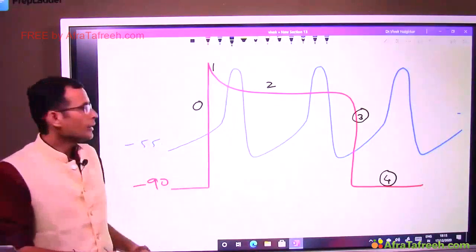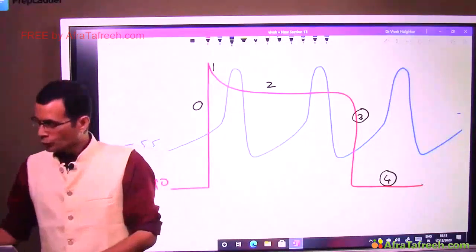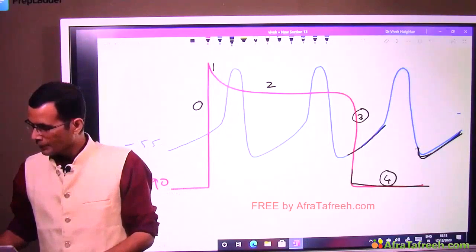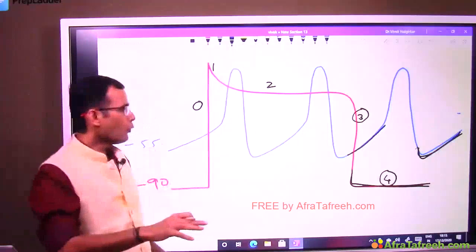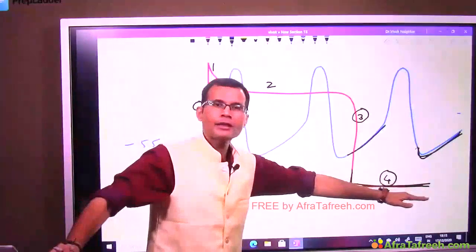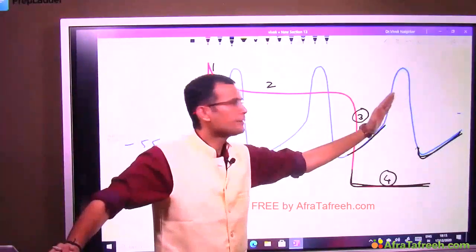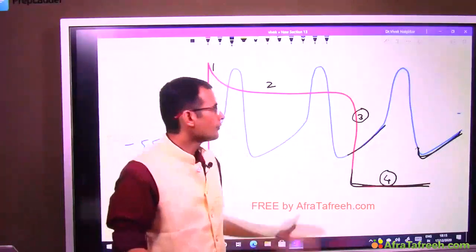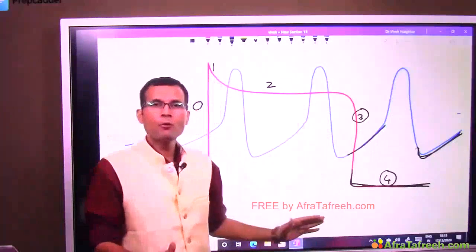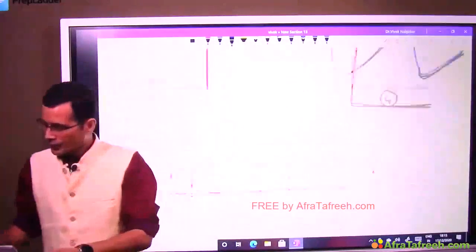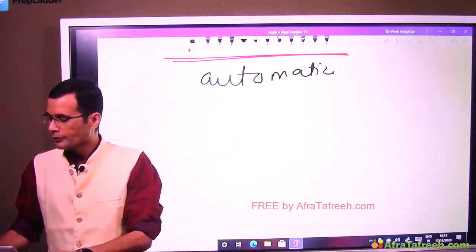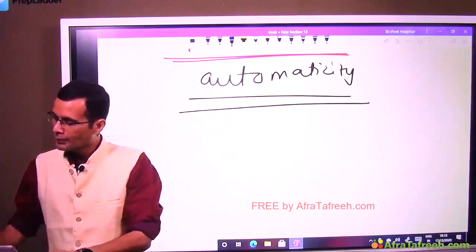So compare the slope of phase 4 in the SA node, look, this part, and this in the Purkinje fiber. Phase 4 is flat in the Purkinje fiber, but it is steep in the case of the SA node. What is the significance of that? The slope of phase 4 determines the automaticity of that part of the heart.